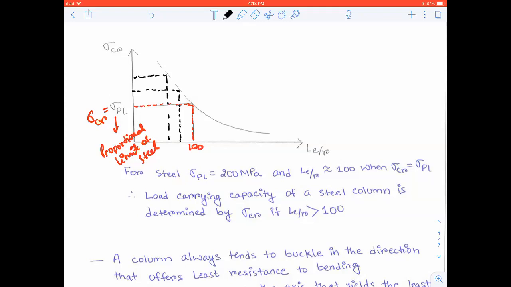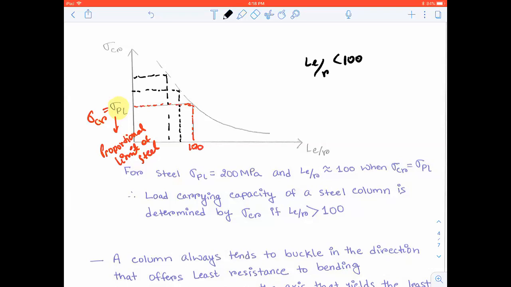So for a slenderness ratio of less than 100, the critical stress calculation does not make any sense, because it is the material property, the yielding stress or proportional limit, that is going to dictate the failure.